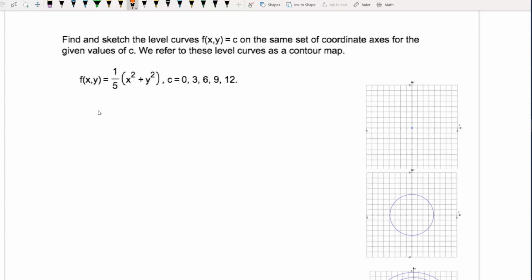So when c is 0, then we're going to have our function as follows. So here we have 0 equal to 1/5 times (x squared plus y squared), multiply both sides by 5.